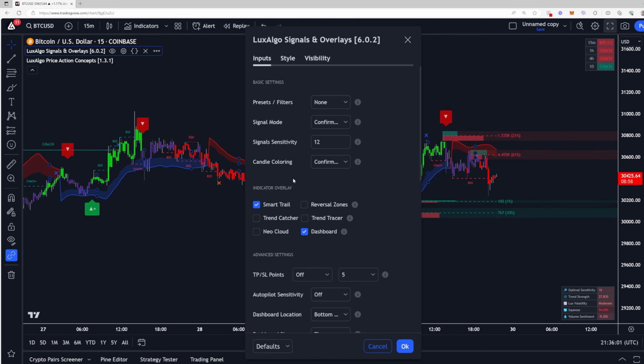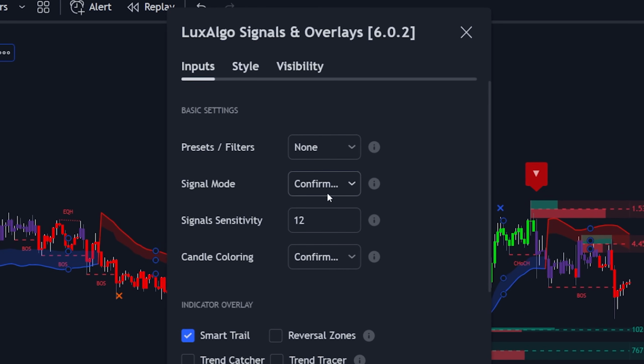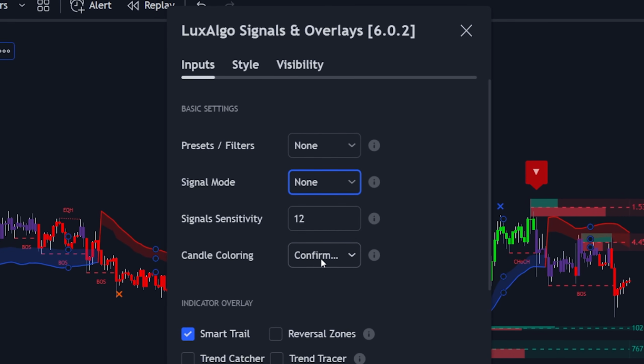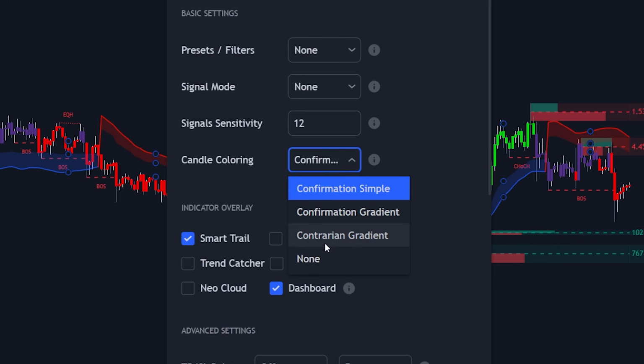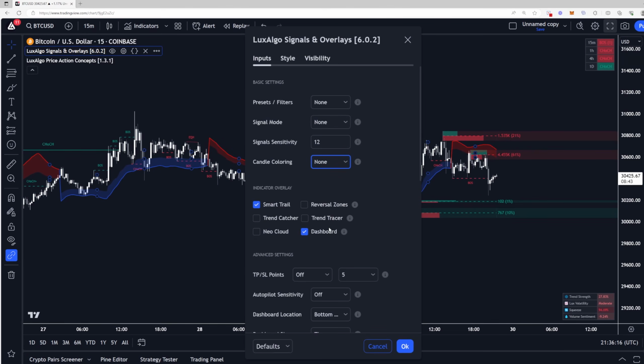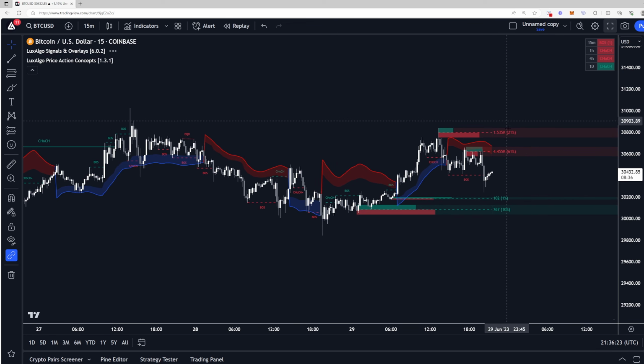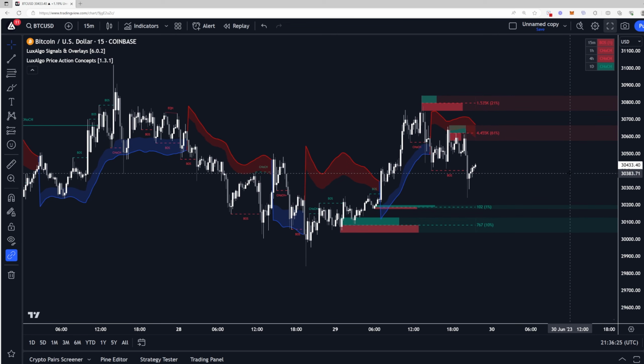So what we're gonna do in the settings of the signals and overlays indicator is go to the signal mode and turn it off. Go to the candle coloring and turn that off as well. We're very much turning off a lot of core components of the signals and overlays indicator since this video will primarily be about the price action concepts.